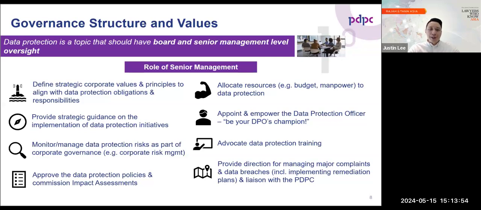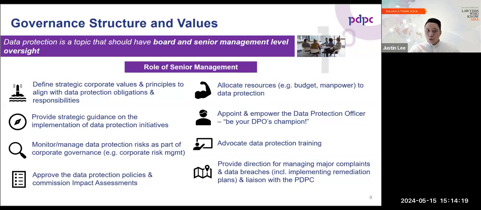So what the senior management can do in this case will be things like defining the overall corporate values and principles in line with data protection, to send a signal from the top down that, hey, data protection is an important principle and an important value of our organization. Next, to provide strategic guidance to the DPO and to the rest of the company in terms of how data protection should be implemented.